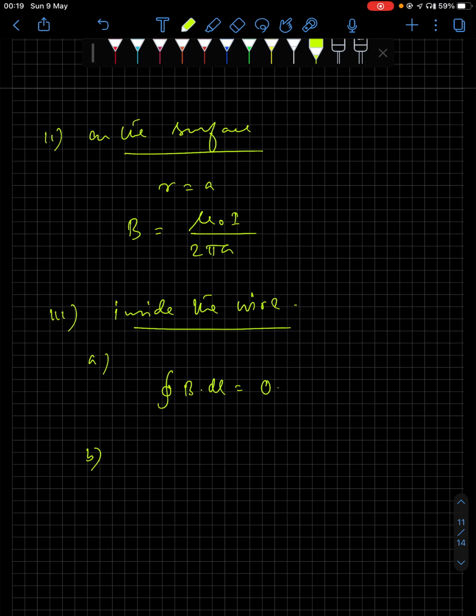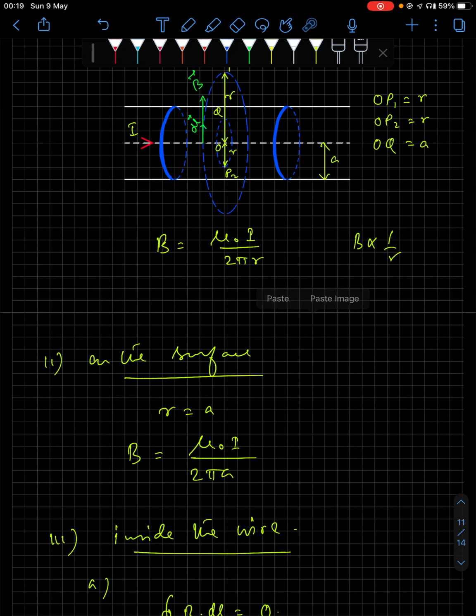now here we are considering that current is distributed uniformly through the cross section of the wire. Since we are talking about this point P2, you see this P2 is inside the wire, right? This can be this or it can be here also, doesn't matter. So this point P2 is inside the wire. We need to find out what amount of current is flowing through this section. Now the total current carried by the wire is I, right?